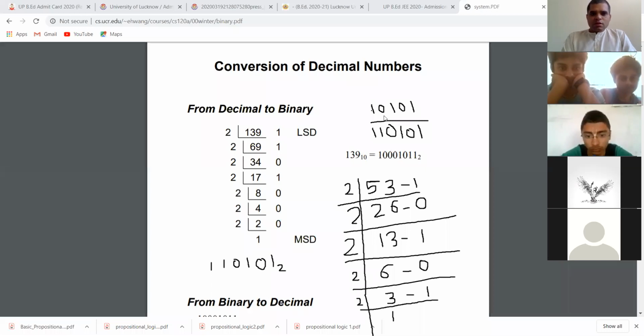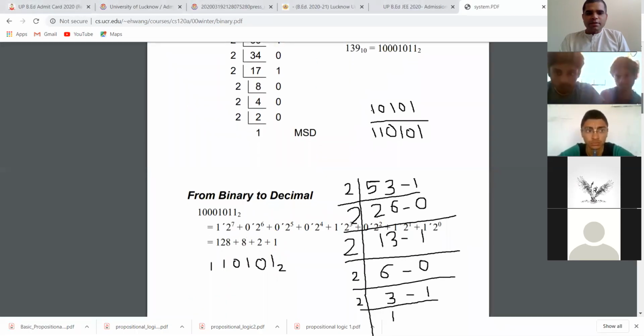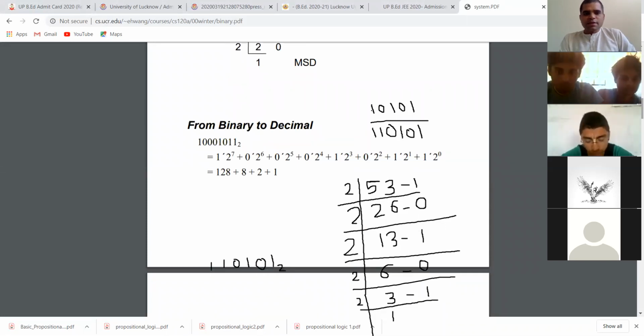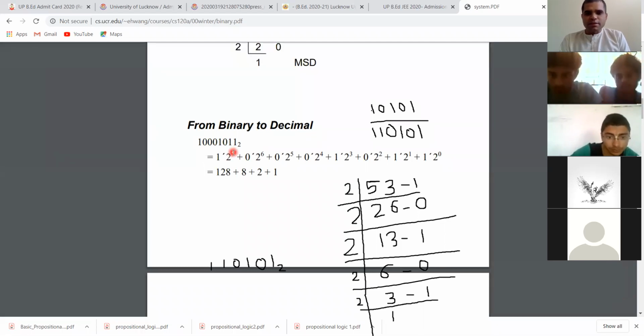So this was decimal to binary. Now here we will see binary to decimal. You can see here, a binary number is given. We have to convert it into its decimal equivalent.